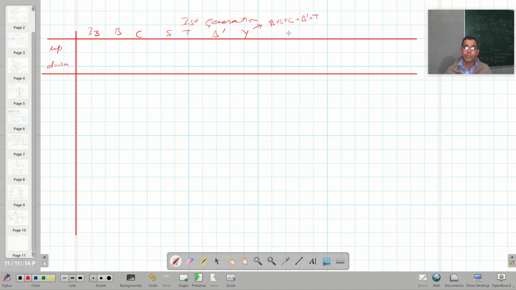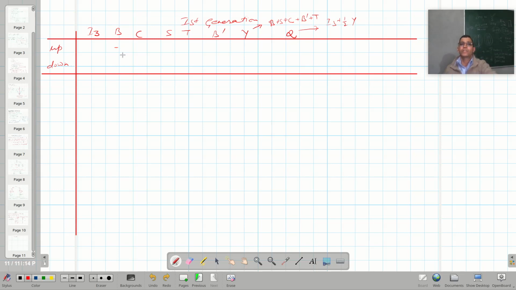And then Q, which is I3 plus 1 by 2 Y. These are the formulas which we have to keep in mind.